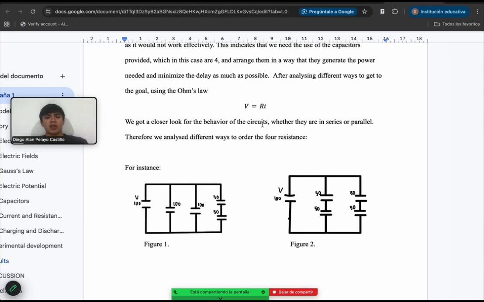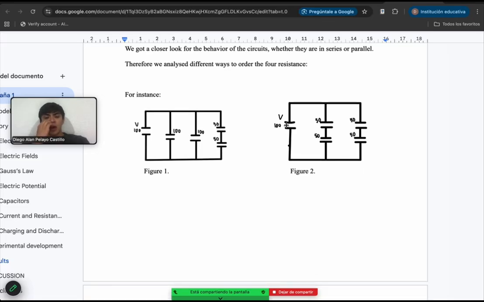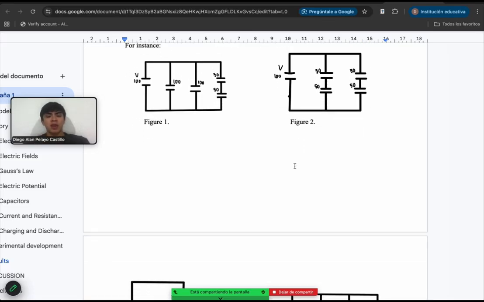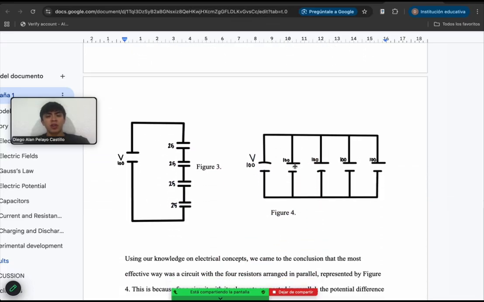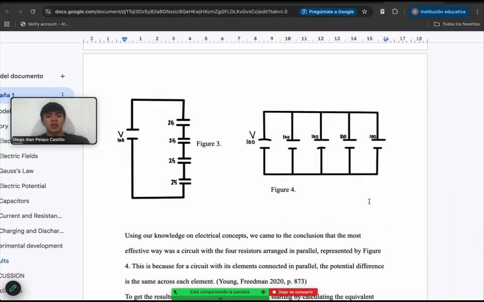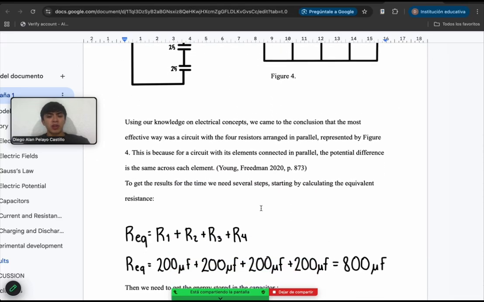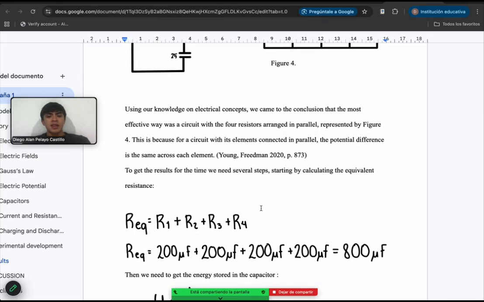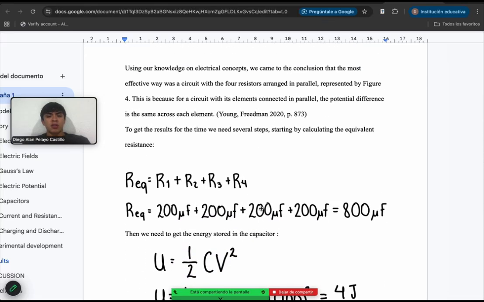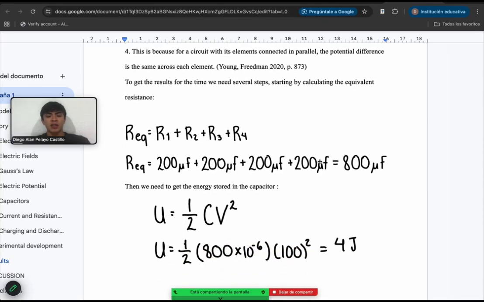So we have to understand how the capacitors could work, and using Ohm's law that we already know, we took a closer look at how the different arrangements of the capacitors could work, and we came to the conclusion that this type of capacitor was the best one, since we could sum all of the resistance together and get a higher number.